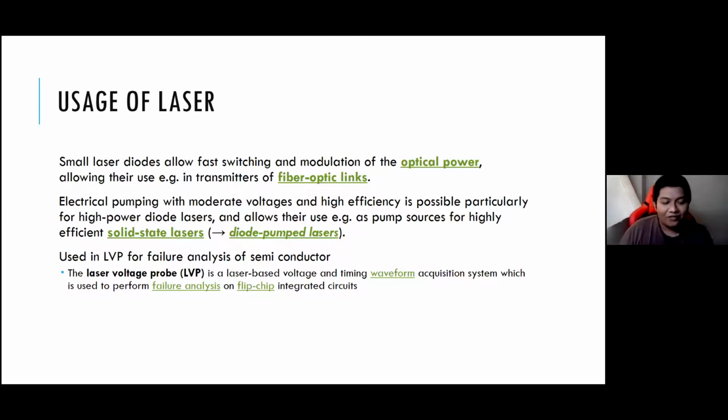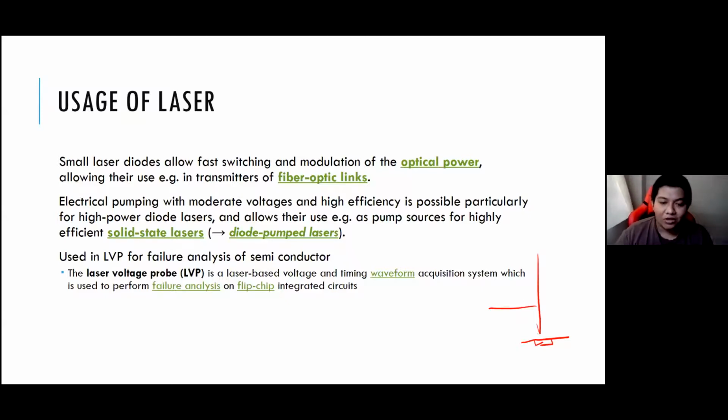And the third is the LVP, laser voltage probe, which works by shining a laser on a MOSFET or CMOS, and we read the modulation of this semiconductor, because the laser itself has a fixed frequency already.